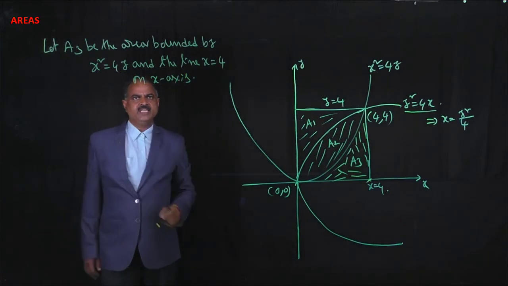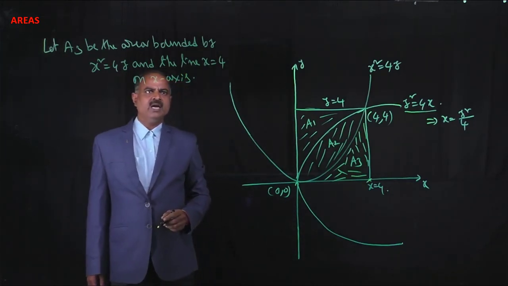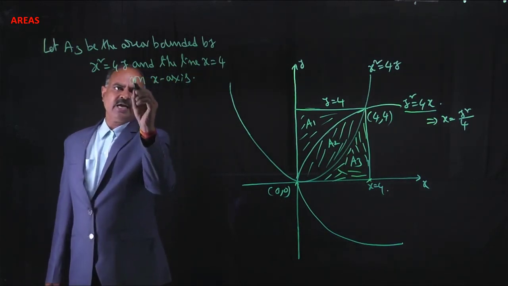So A3 is the area bounded by x square equal to 4y and the line x equal to 4 and the x axis.